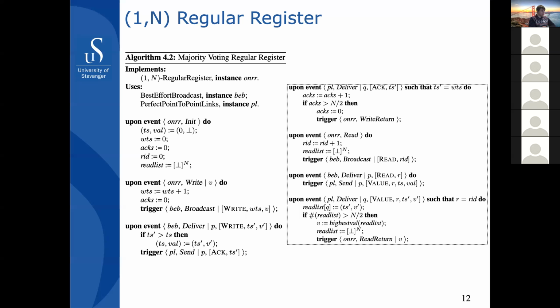So this majority voting regular register takes advantage of what we call witnesses, and these witnesses are created from quorums or from the majorities.